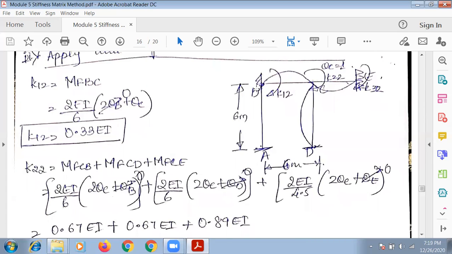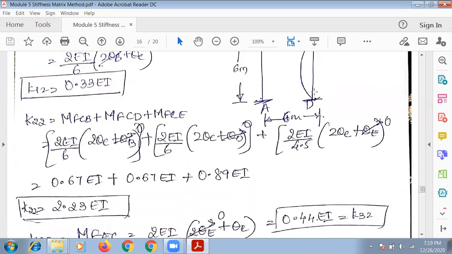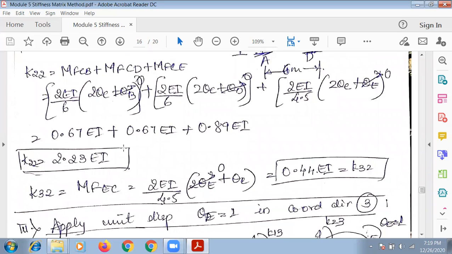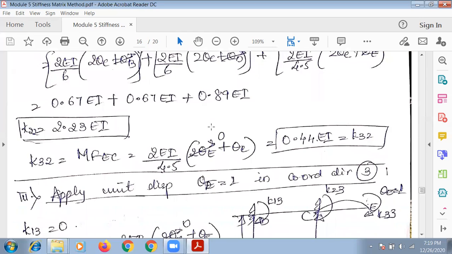So it is 2EI by L times 2 theta C plus theta B, plus 2EI by L times 2 theta C plus theta D, and 2EI by L times 2 theta C plus theta E. All other joints B, D, and E will be 0. Only wherever there exists theta C, put the value 1. Solve this and you'll get K22, which is 2.23 EI.